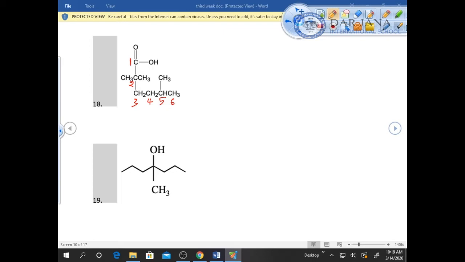So here we have three substituents, three methyl groups. This is the first one, the second, and the third. So it will be 2, 2, 5 trimethyl hexanoic acid.